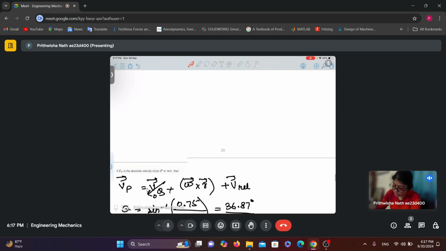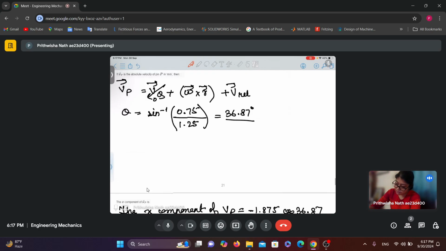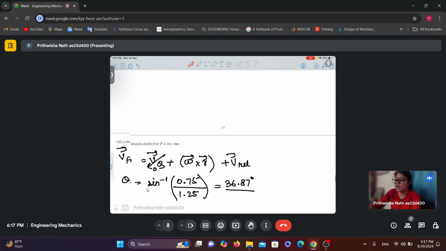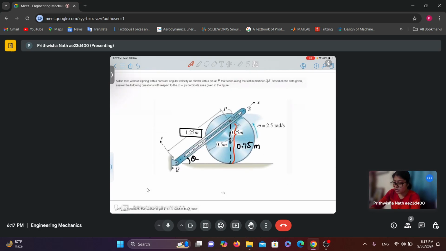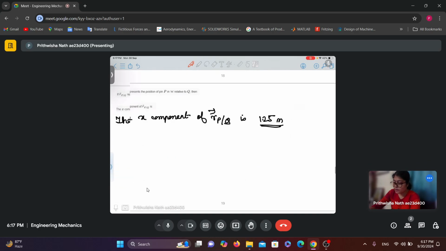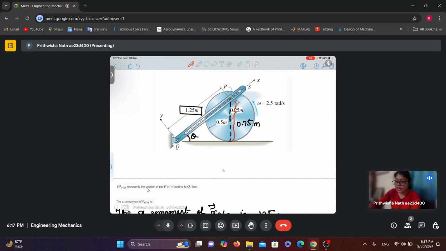Now the next part of the problem, if Vp is the absolute velocity of pin P, then x component of Vp. Now first we need to figure out what is theta. Let us assume that this is theta.